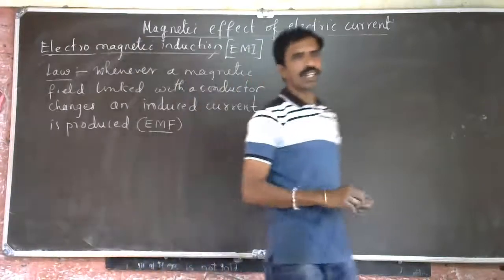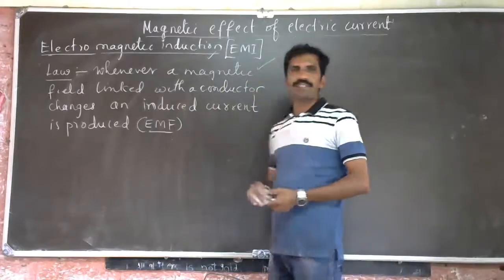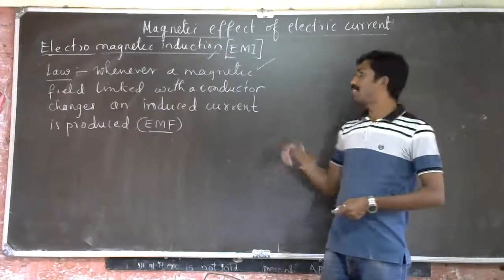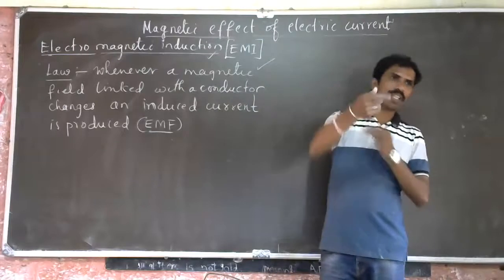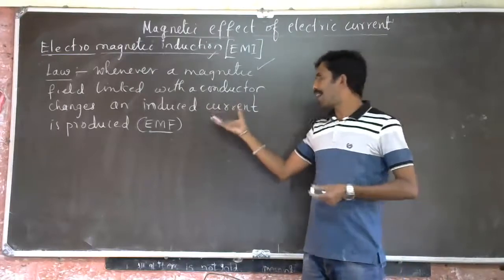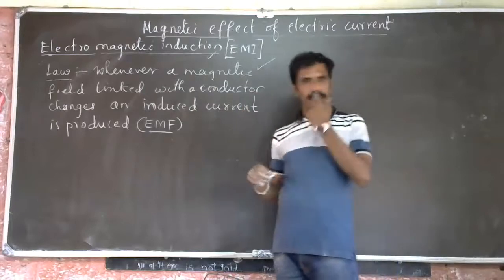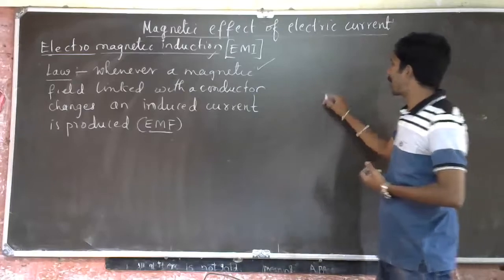EMF or induced current is produced. Means whenever a magnetic field which is linked with a conductor changes, then induced current will be produced. Understood? So that he demonstrated by simple experiments.